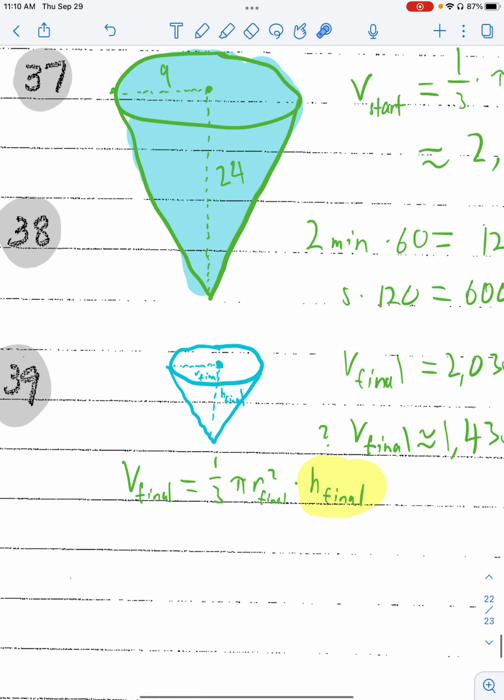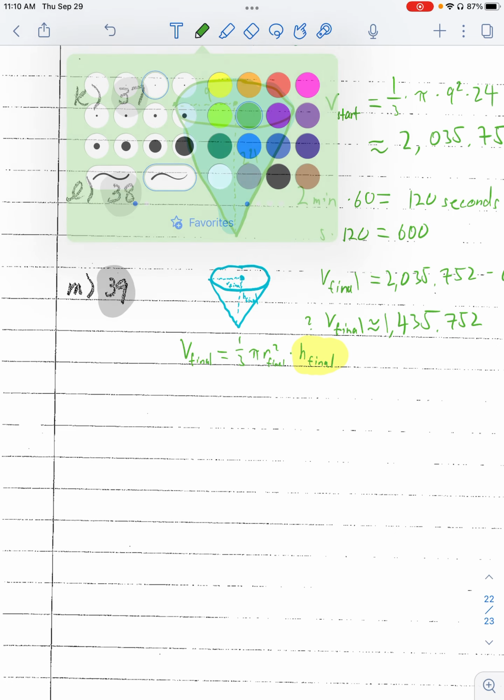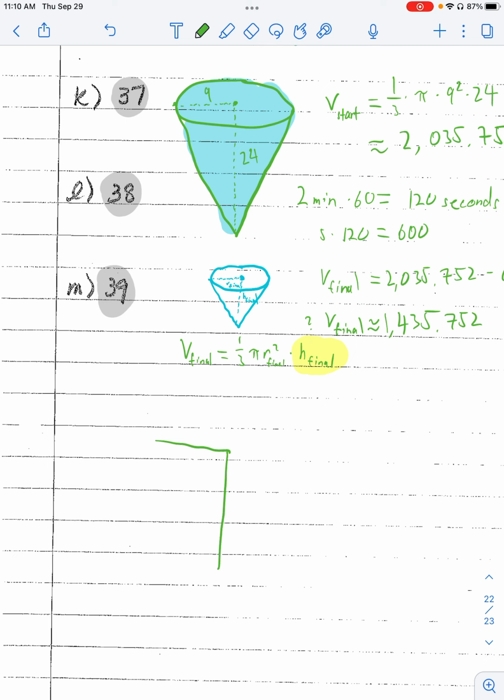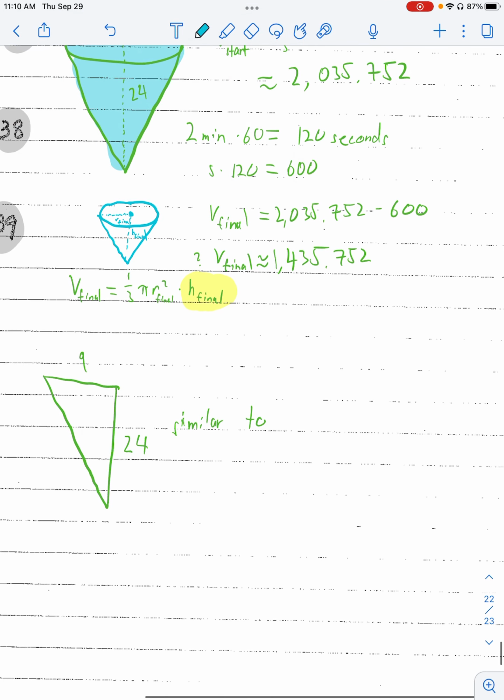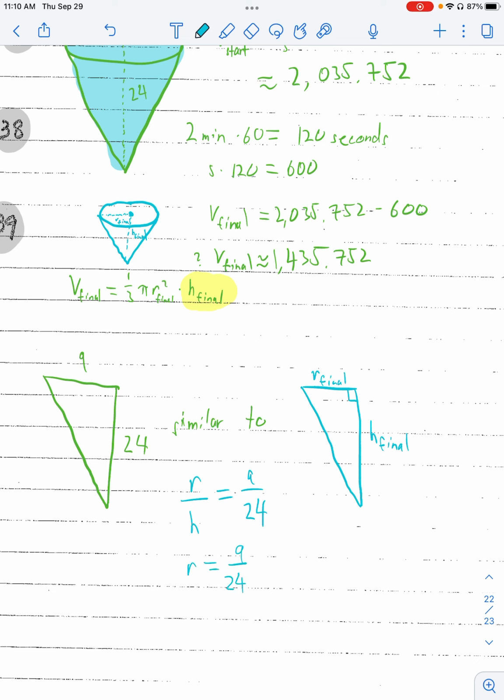If we remember geometry, my right triangle here, the 24, 9, is going to be similar to the one with R final radius and H final height. So R over H is going to equal 9 over 24, or R is going to equal 9/24 H.